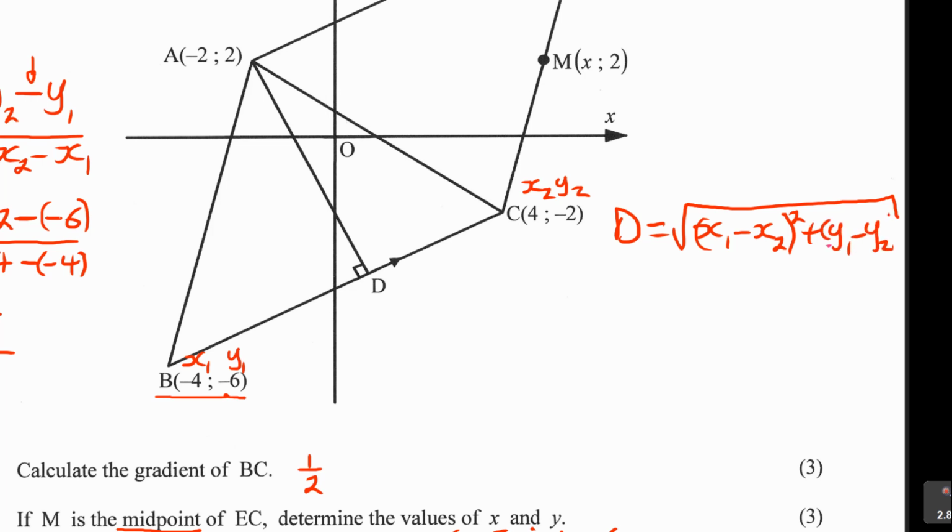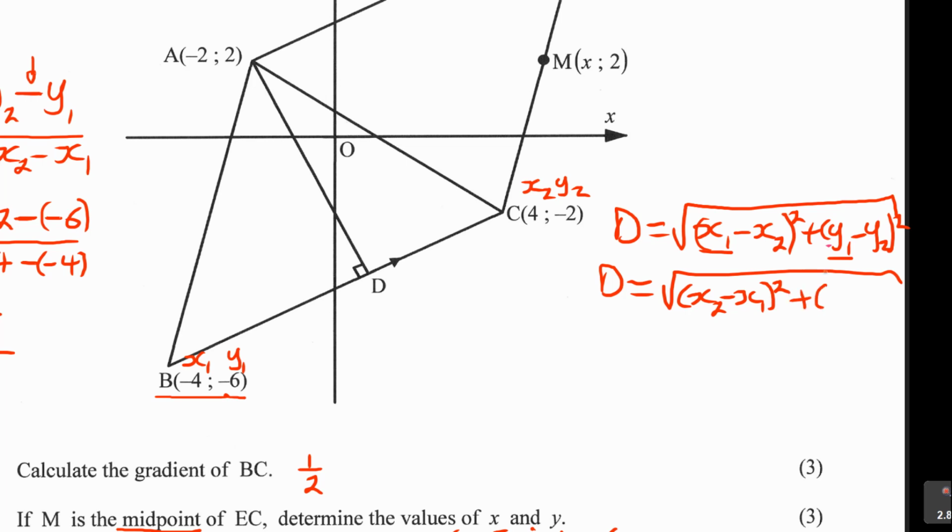It doesn't matter. I can start with x2 here, to say x2 minus x1 squared, and then you must maintain. If you start with x1, you must also start with y1. Someone can say d is equal to the square root of x2 minus x1 squared, plus.